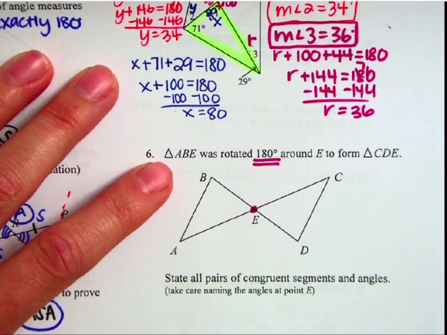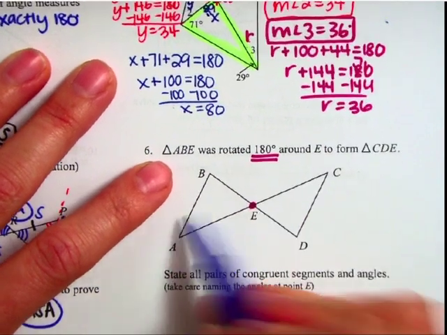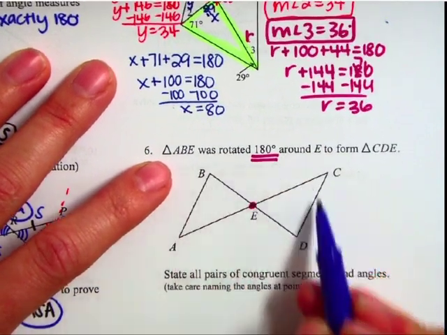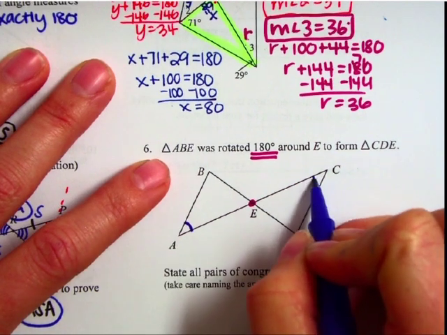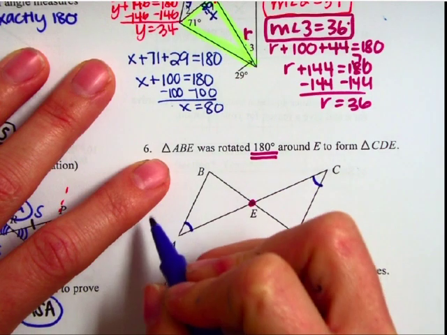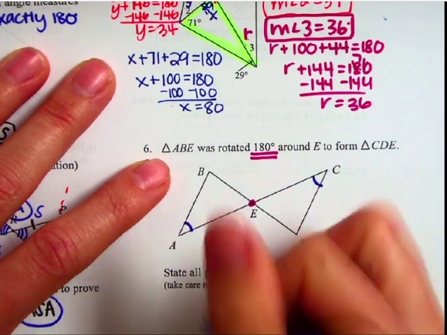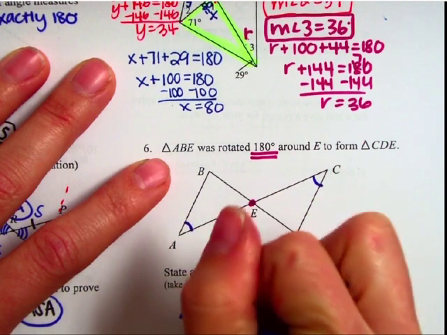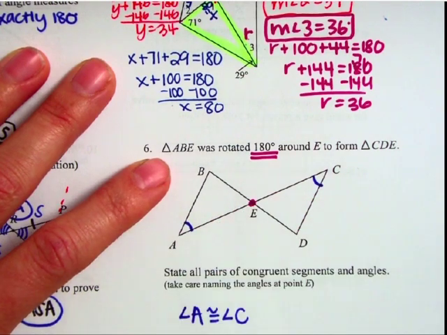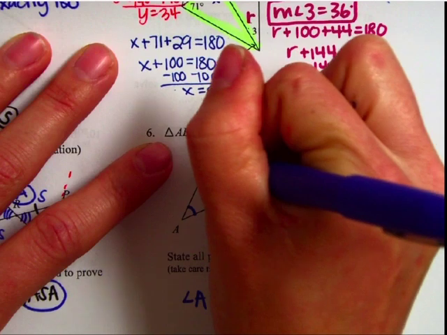All right. So if ABE is rotated around to CDE, we can see that angle A and angle C are going to be the congruent parts. So right here, I'm going to write that angle A is going to be congruent to angle C. Okay, then we can see angle B right here.